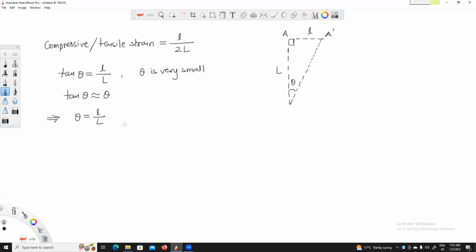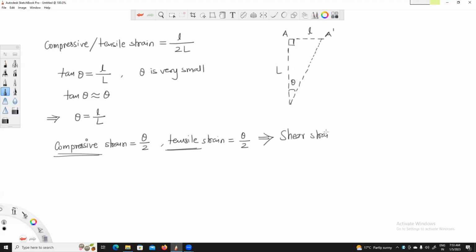And if you look at these compressive and tensile strains, I get compressive strain equal to theta by 2, and simultaneously the other diagonal produces a tensile strain of the same magnitude, theta by 2, and by the combination of this compressive and tensile strain, I produce a shear strain.